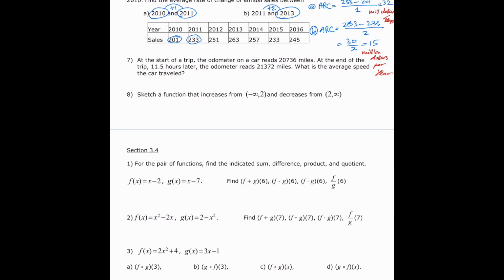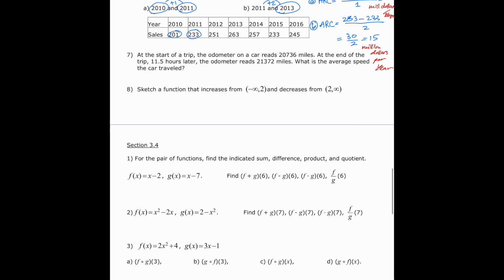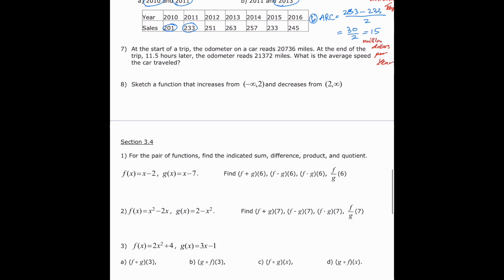At the start of a trip, the odometer in a car reads 20,736 miles. At the end of the trip, 11.5 hours later, the odometer reads 21,372 miles. What is the average rate of change, or the average speed of the car traveled?